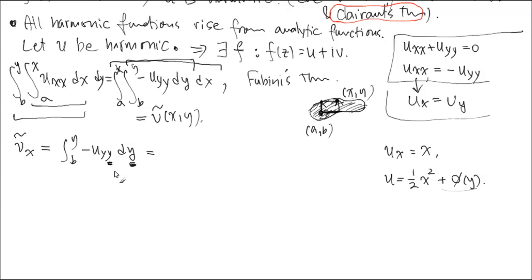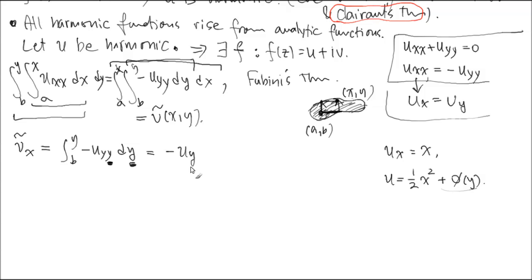So going back in dy, that's an antiderivative. What is an antiderivative of negative u_yy with respect to y? If the last operation of the derivative is y, it's negative u_y. Does that make sense? If you differentiate this with respect to y, you get u_yy, and this integral is going backward to u.